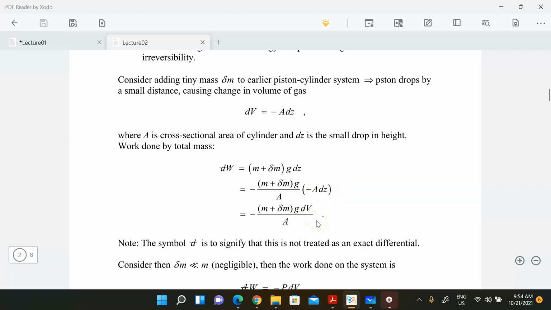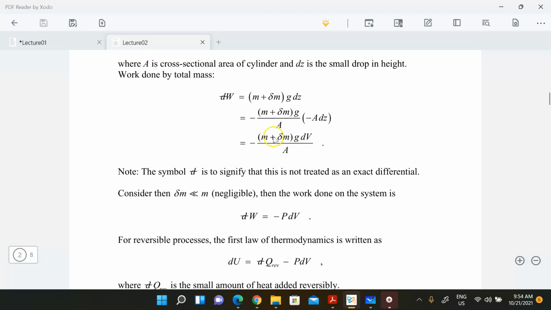Now there is a notation that I use, which is a bit odd. In the book it's slightly different, but here there is a line crossing the d. That is just to say that you cannot treat this as an exact differential like what we have seen before. It's just a small quantity which is not an exact differential.